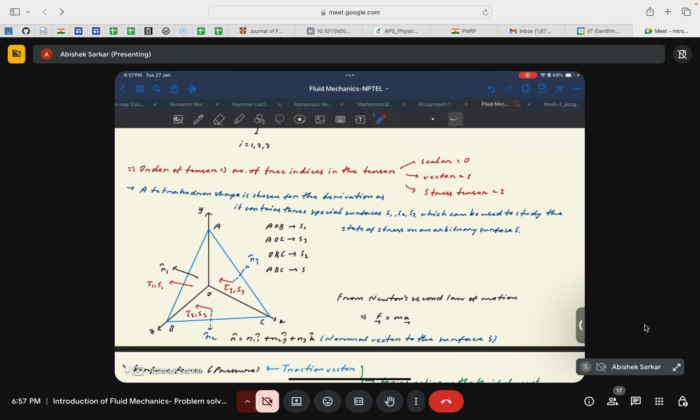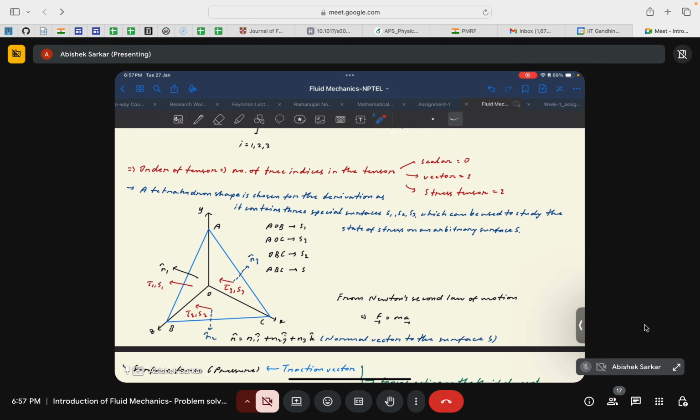Professor Chakraborty mentioned why he used this shape, primarily because in this tetrahedron shape, as you might see, three of the surfaces are special surfaces. Why?